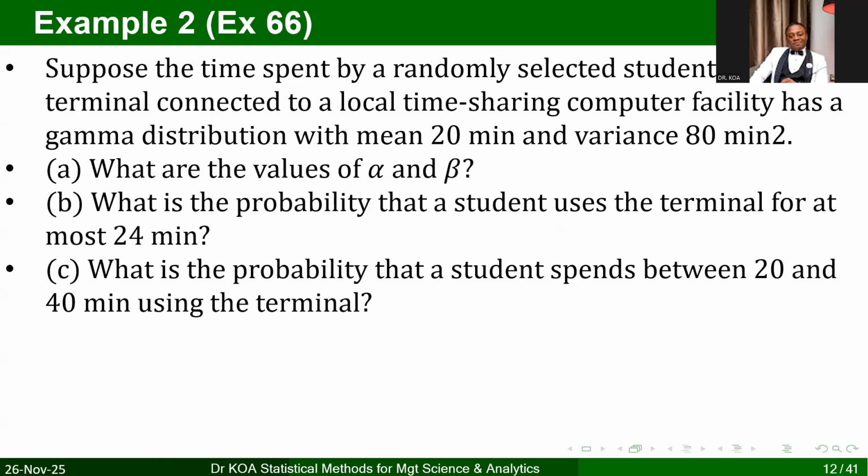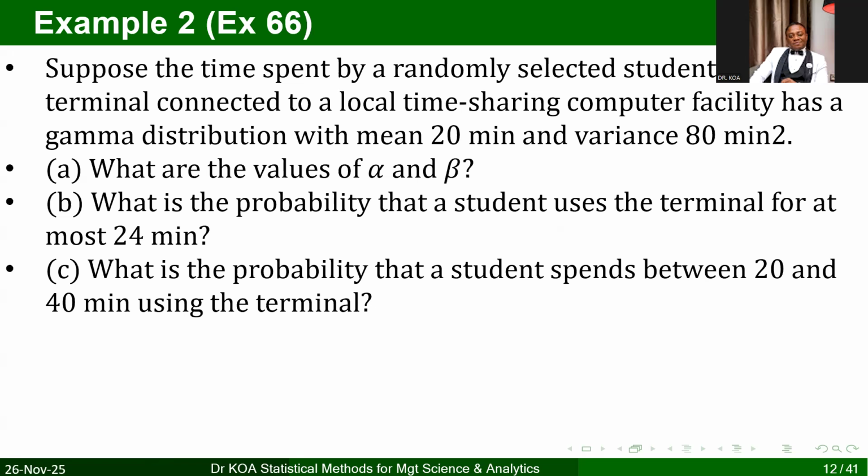So first, you need to calculate when x is 20 and find its corresponding z, and then calculate when x is 40 and its corresponding z. Once you have this z, you now put it into the cumulative density function.